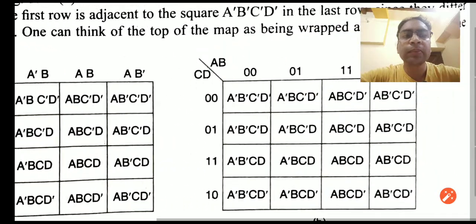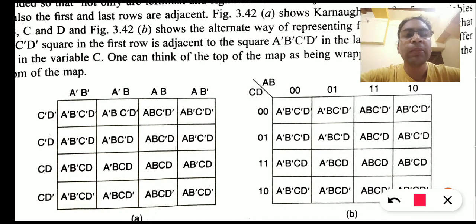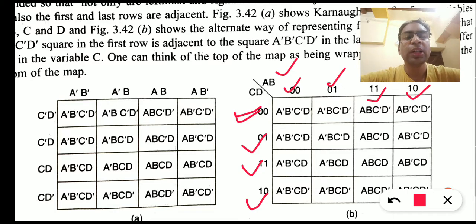For the labeling, we will have this type of structure where we can mention the A and B on this side and C and D onto the vertical side. The labeling will be done in the form of 0 and 0, that is A naught B naught, 0 and 1, this is A naught B, then we write B A naught, and lastly A and B. In the vertical form, we write C naught D naught first, then C naught D, then C D naught, and lastly C D. And in this way we can combine in the first cell, this is A naught B naught C naught D naught.